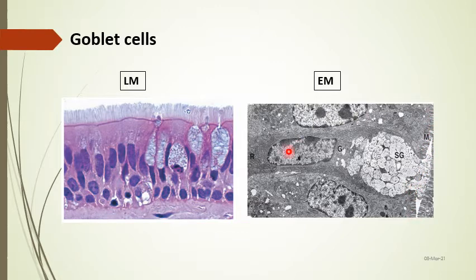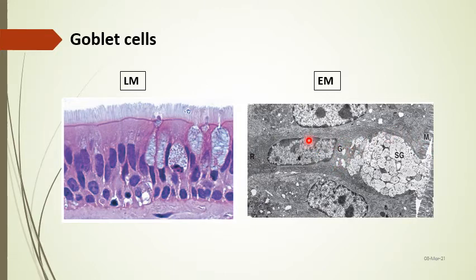It seems that this is taken from the intestine, because we have microvilli, brush border microvilli. We have the goblet cell with the apical part having secretory granules. The basal part contains rough endoplasmic reticulum, this is the nucleus, and this G is for Golgi complex.